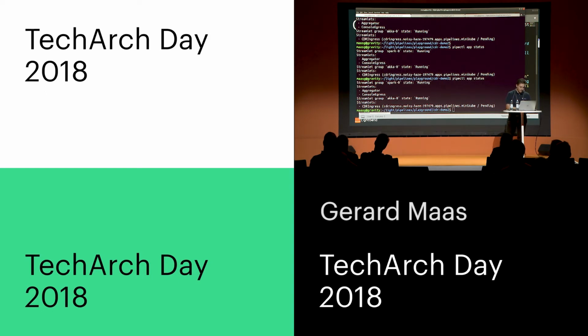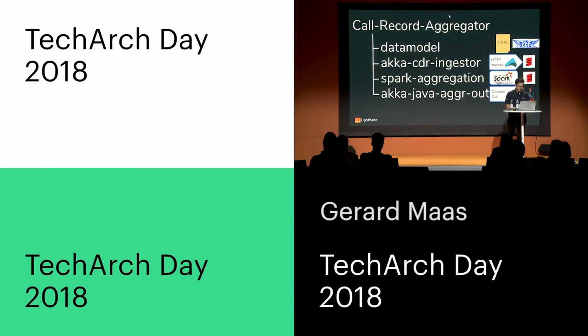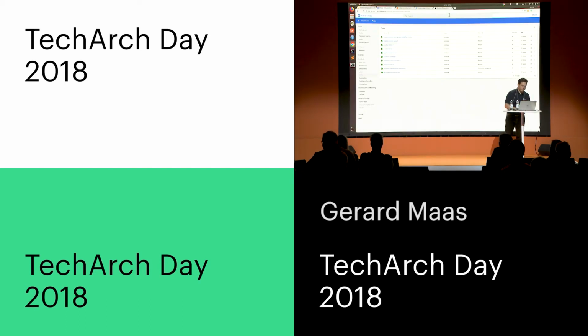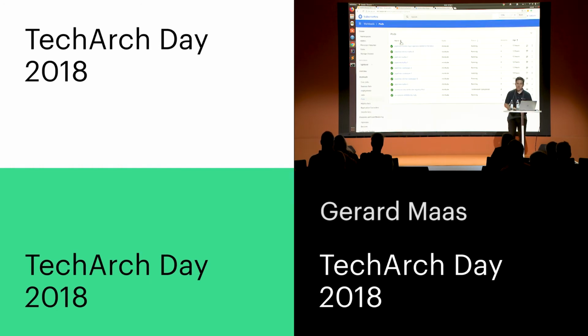But let's have a look at how that is showing up in Kubernetes. So I am running Minikube. This is a full implementation of Kubernetes running locally. And here we deploy, of course, some of the infrastructure that we talked about.